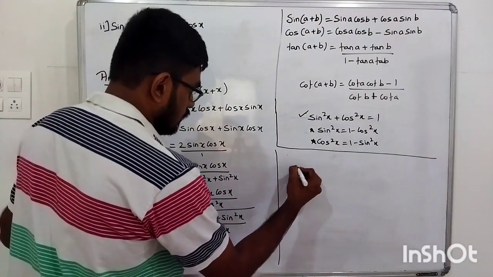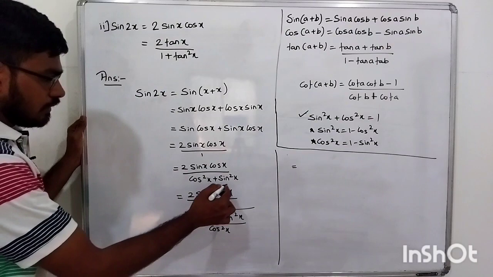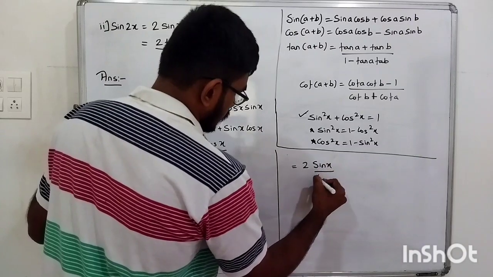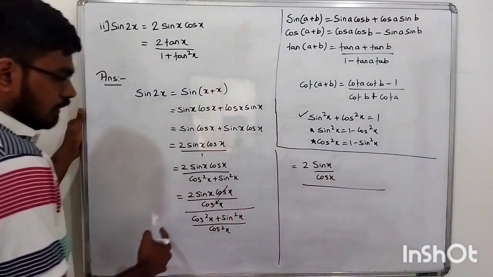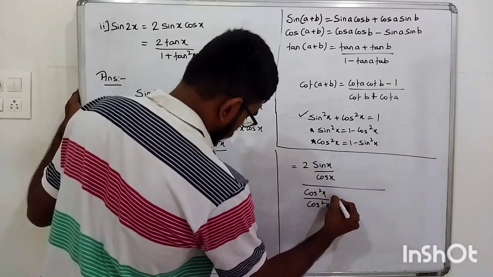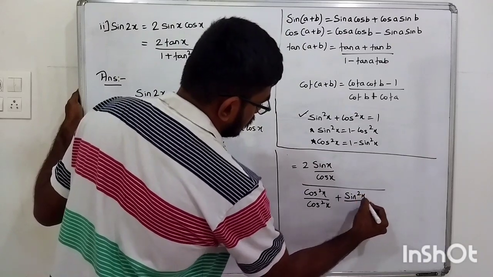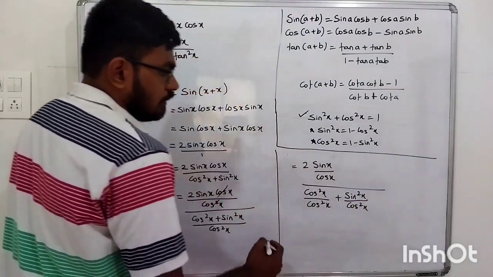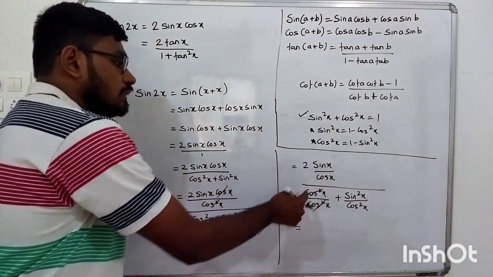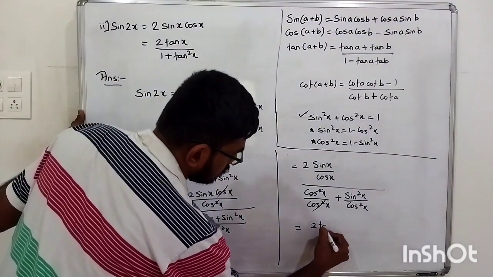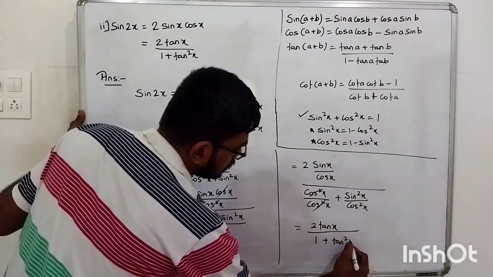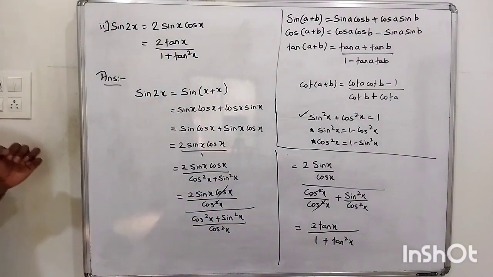In the numerator we can cancel this one and this one, so we get 2 sin x upon cos x, and in the denominator I can split cos square x upon cos square x plus sin square x upon cos square x. Now this is 1, and sin x upon cos x is tan x, so 2 tan x, this is 1 and this is tan square x, since sin square x upon cos square x is tan square x. So we got the formula.